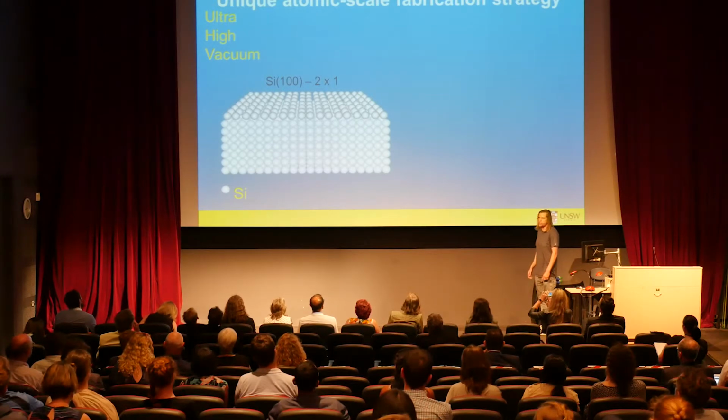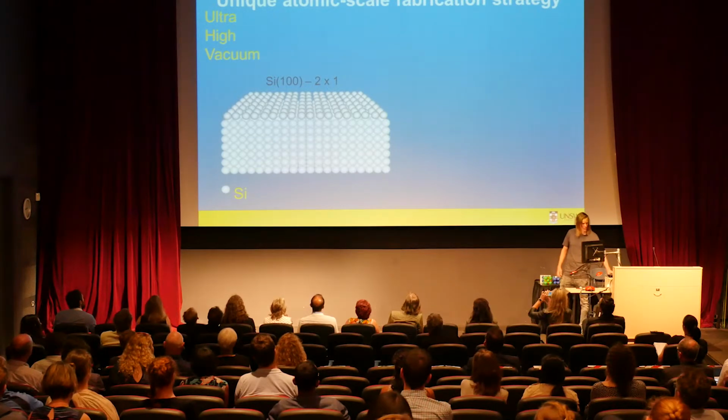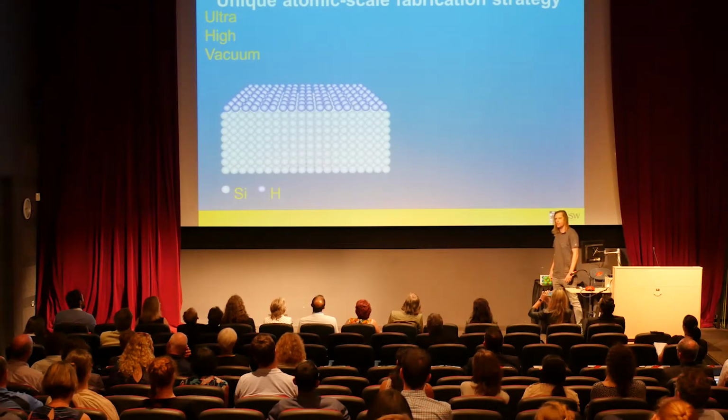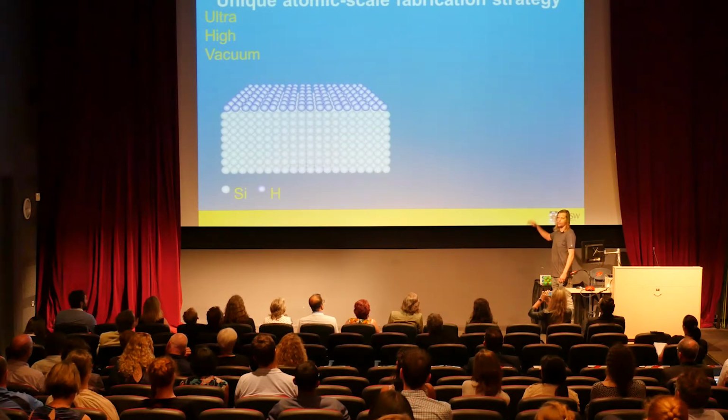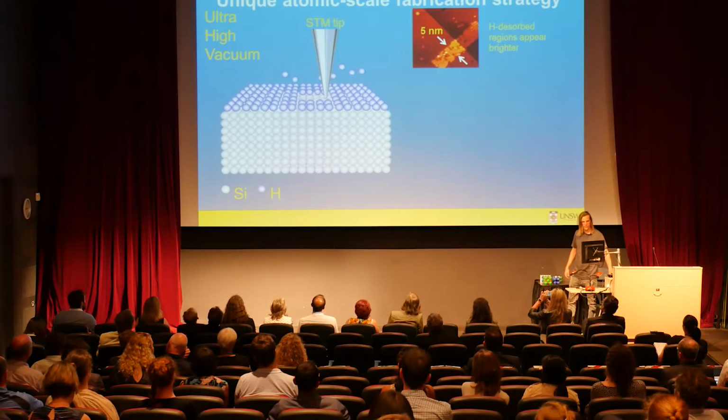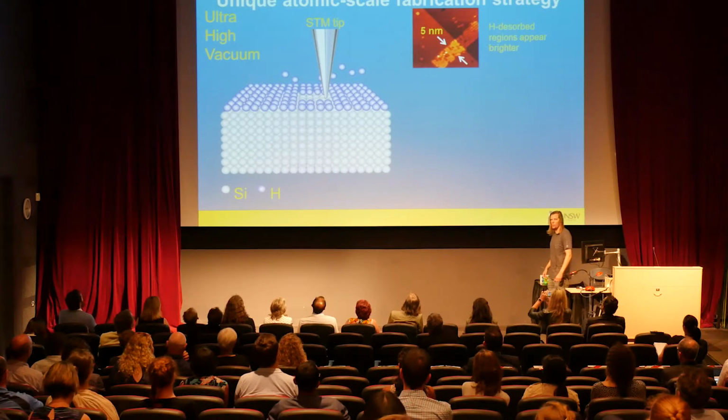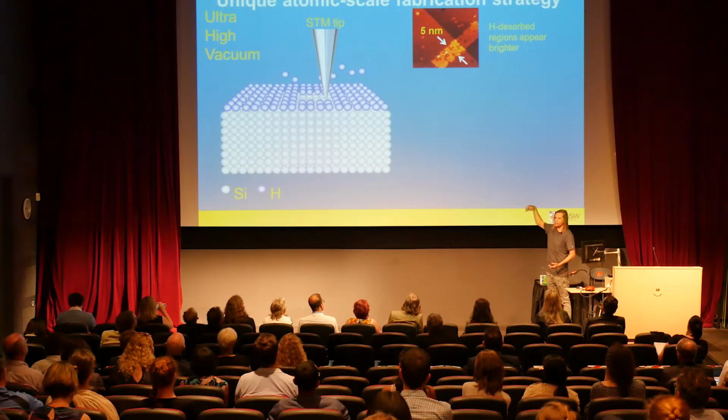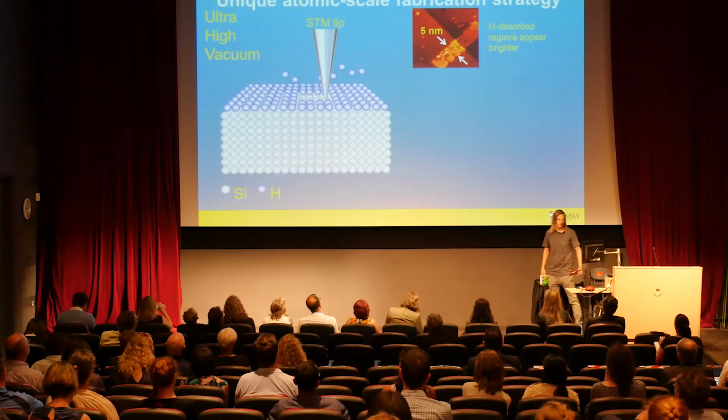A group of Professor Michelle Simmons here at UNSW has developed a very special fabrication technique to produce qubits in silicon with atomic precision. We start off with a silicon chip placed in ultra-high vacuum. The surface of silicon is then passivated with a single layer of hydrogen. We then approach with the tip of a scanning tunneling microscope, and we can selectively desorb the hydrogen atoms. This way, we can write any desired pattern into this lithographic mask.